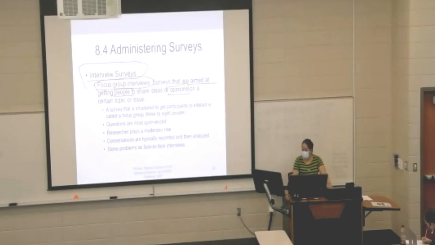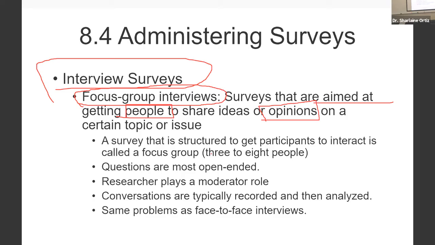Now, it's structured in a fashion that generally we want to interact with a group of more or less 3 to 8 people. In this particular regard, we want to limit it because remember, we're going to use open-ended questions.